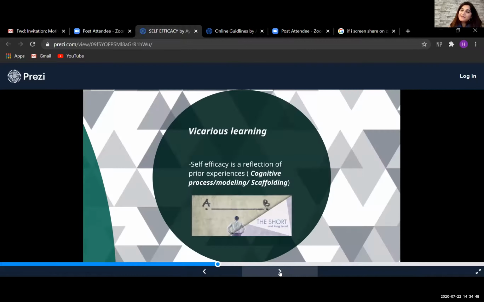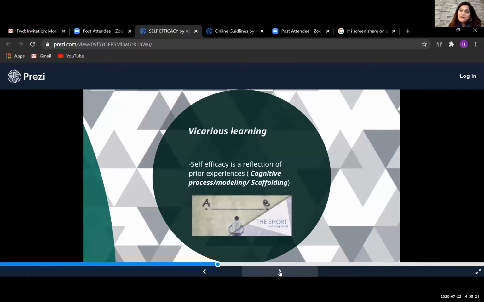The second one is vicarious learning. Vicarious learning is scaffolding. So scaffolding is going to be dependent on the modeling that you're going to do. Modeling these days does not depend on persons anymore. They could be peer-to-peers. They could be done through software, through e-tutors, through different web platforms these days as well.